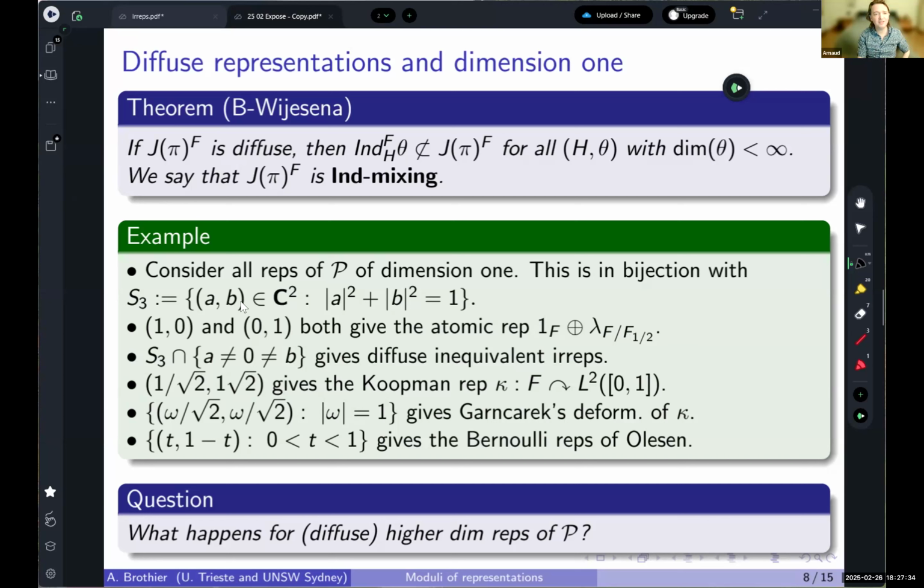If A or B is equal to 0, and you look at the representation of F, that's the only time when something reducible doesn't give you something irreducible, the only time when you start with something finite dimensional and you don't get the nice correspondence. So now I say I don't want to have 0. Well, it does give you diffuse representations, and they're all pairwise non-equivalent.